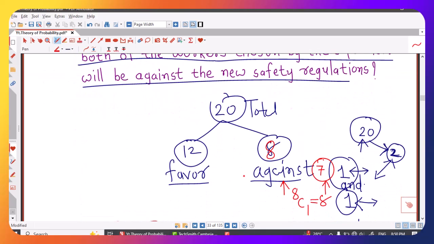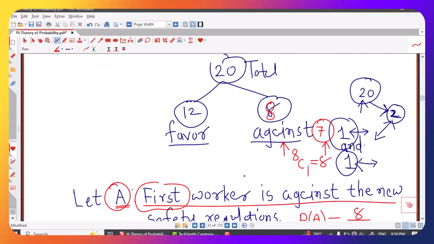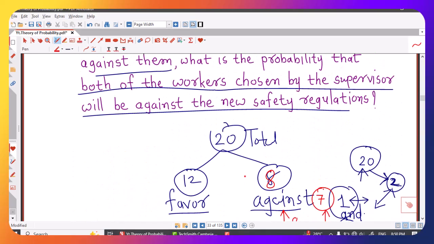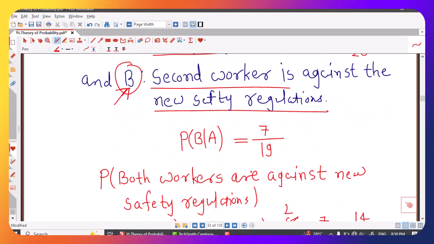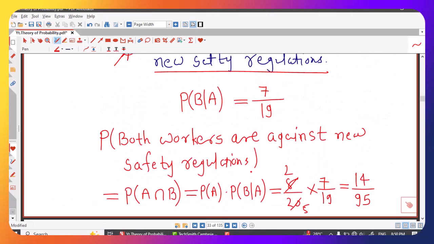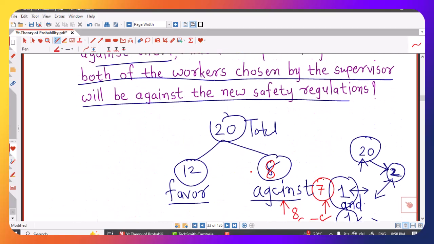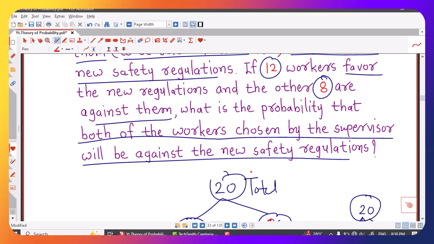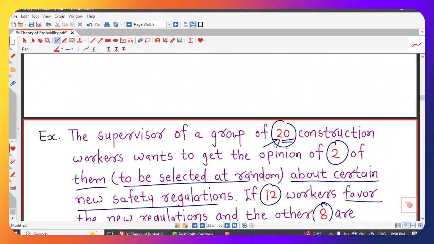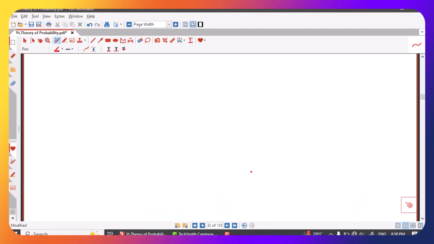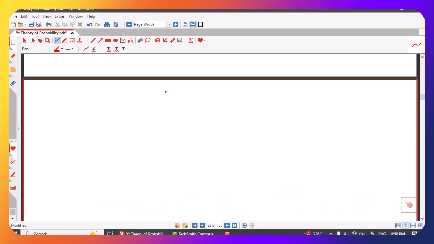Now if you wish, you can do the same problem using the classical definition of probability also. This is one way to solve this problem using the multiplication rule of probability. But suppose I want to use the definition of probability to solve this problem, then here you can see there are a total of 20 workers and they are selecting 2 workers randomly.